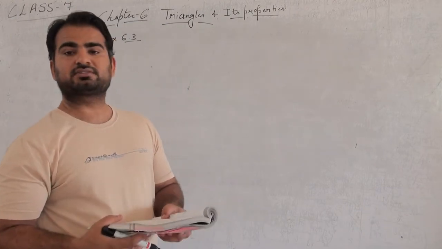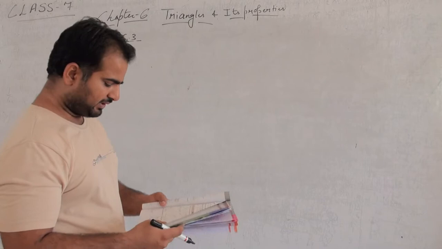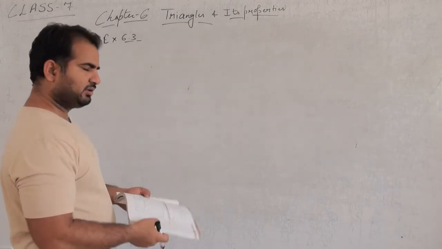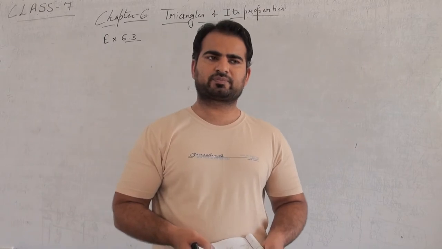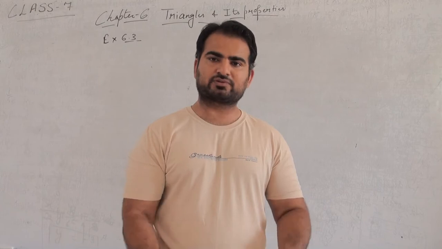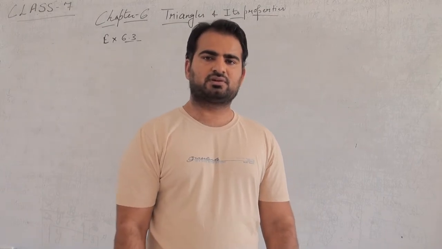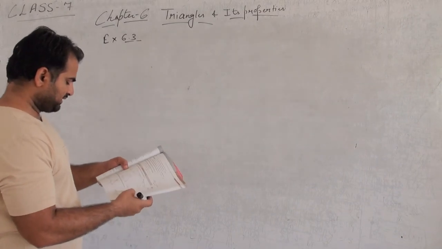And the second property is sum of all angles of a triangle is equal to 180 degree. Okay. Do all of you know what was linear pair and what was vertically opposite angle? Okay, so that's great. You can now do all questions easily.